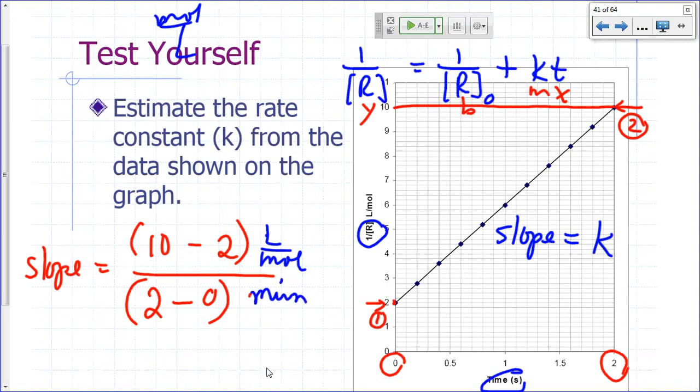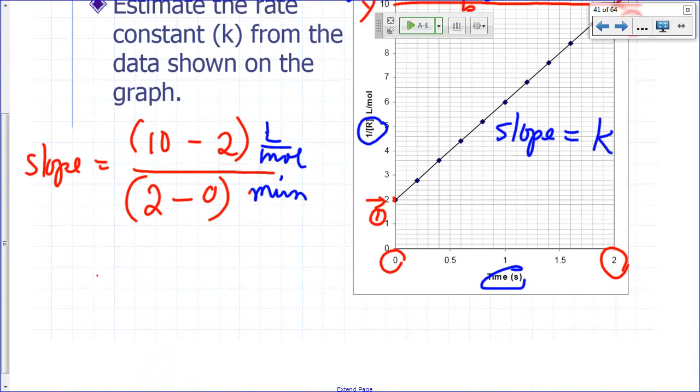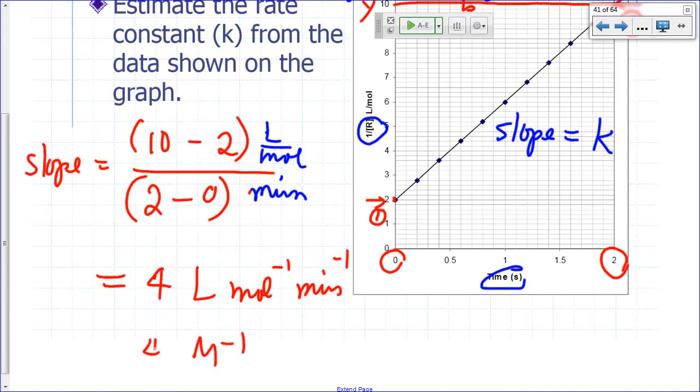So 10 minus 2 liters per mole over 2 minus 0 minutes. That should give me, not 5 divided by 2, 8 divided by 2. That's 4, right? So that's liters per mole per minute, or per molarity per minute. Okay, so that would be the rate constant for that reaction.